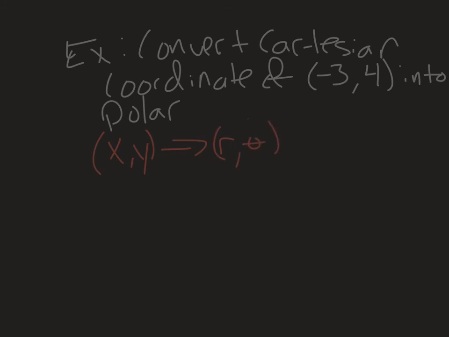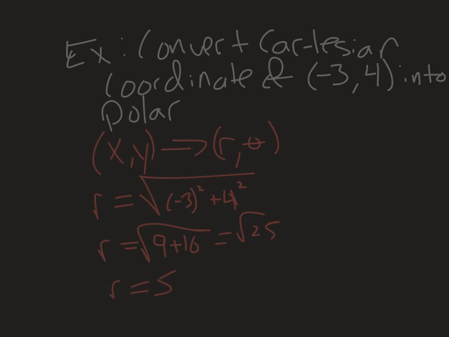Okay, so if I'm trying to figure out what r is, I know that r is equal to the square root of x squared, which is going to be negative 3 in parentheses squared, plus y squared, so 4 squared, which we can do a little simplification here, and we can say this is going to be the square root of 9 plus 16, which is the square root of 25, so then r is 5. There's no need to worry about a negative in this case because r is a distance. It will always be positive.